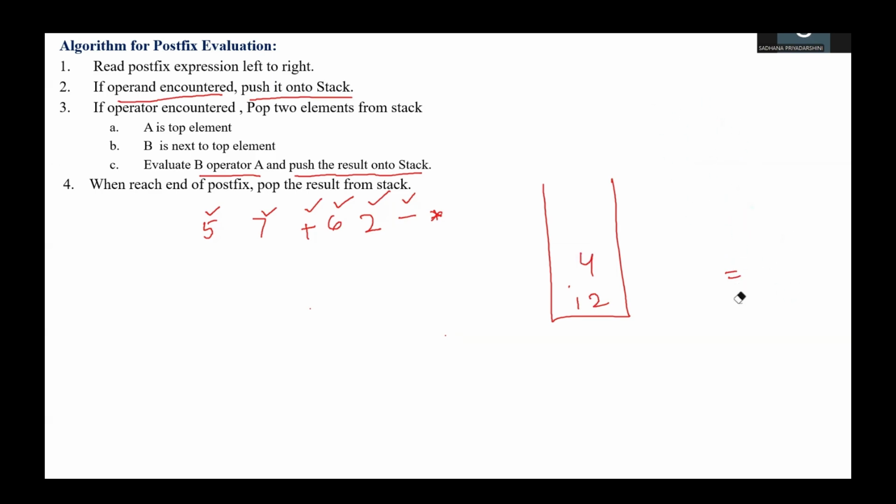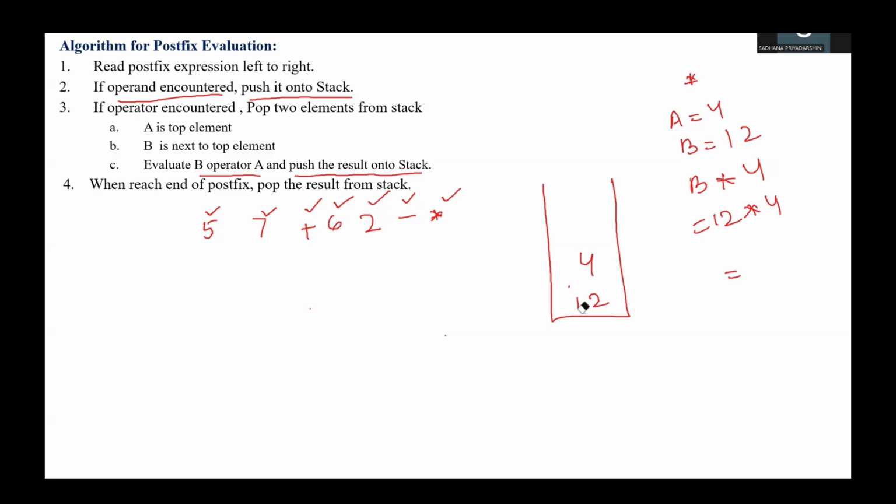Then the next one we read is the multiplication. Whenever we encounter a multiplication, again we pop two elements. The operator is multiplication, A is 4, B is 12. So we perform B multiplication A, that means 12 into 4.